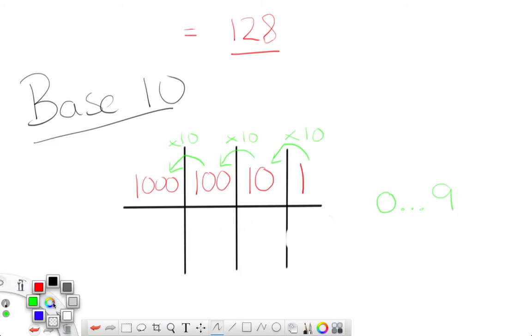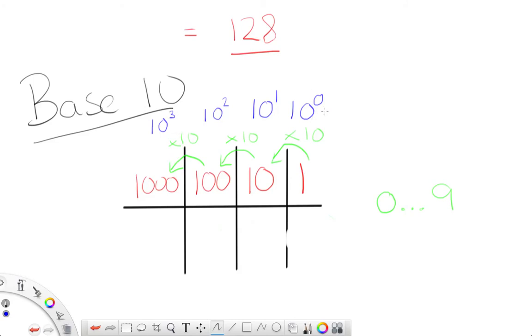Now, the other thing to notice is these columns could be written slightly differently. Instead of writing 1, I could write 10 to the power of 0. 10 is 10 to the power of 1. 100 is 10 to the power of 2, and 1000 is 10 to the power of 3.